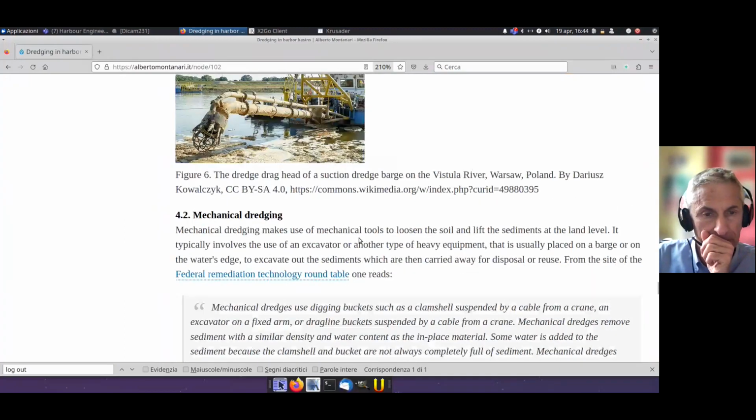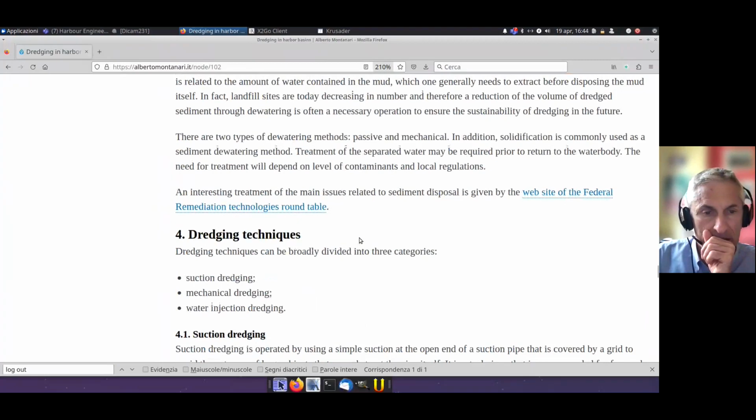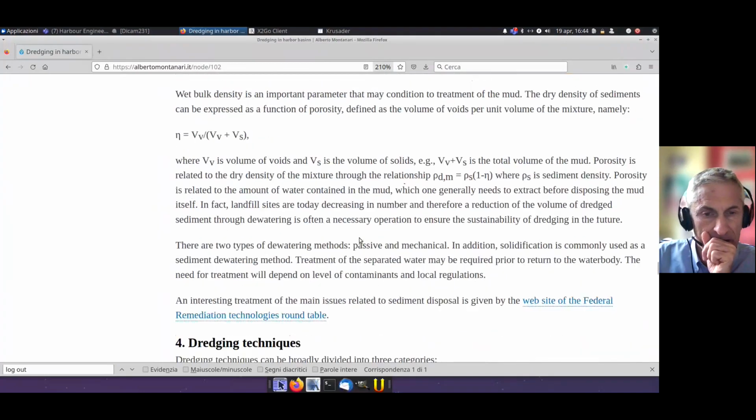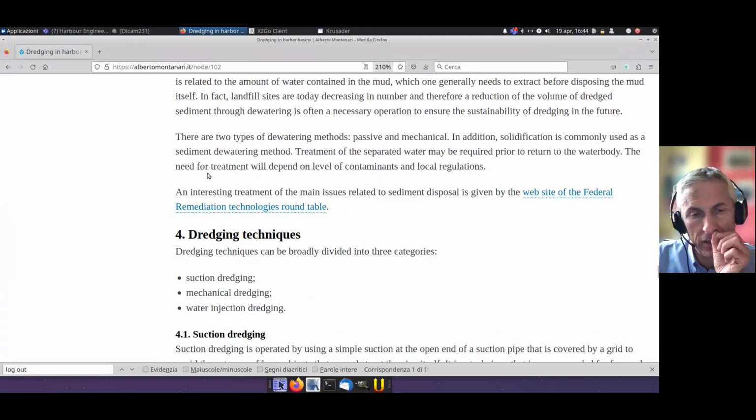Okay, now let's discuss the different dredging techniques. Sorry, I forgot to say, in terms of dewatering, there are two main dewatering methods, the passive and the mechanical. Basically, passive means that we leave the mud there, and we leave it enough time to allow water to flow out from the bulk sediments.